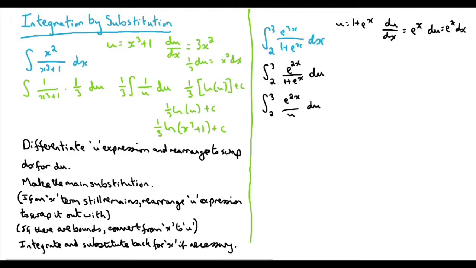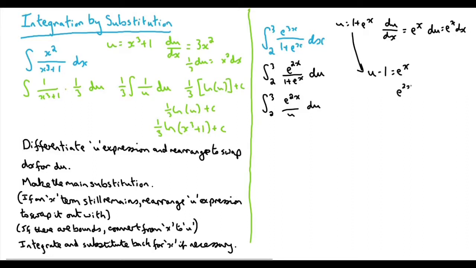We've already done the main substitution though, we've already switched out the du dx, so we just have to rearrange this u expression again to get rid of this last thing. So just bringing this down here. If you minus the 1 over, you get u minus 1 equals e to the x.